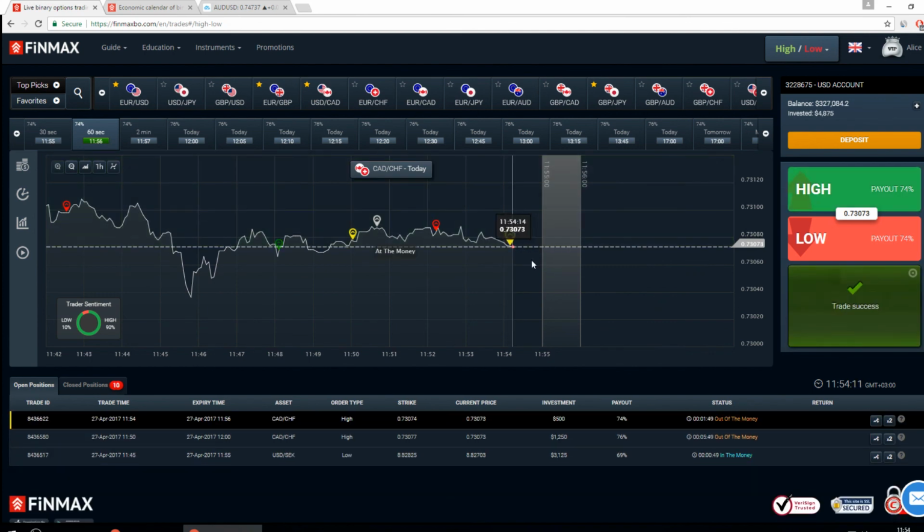Okay, one expired in the money, the big one, and one out of the money, so I entered for another lap.